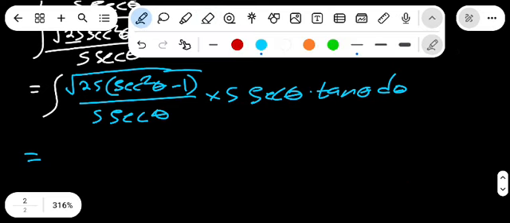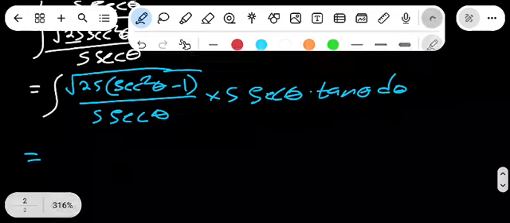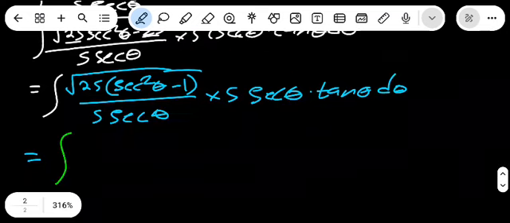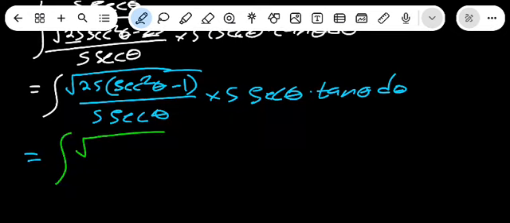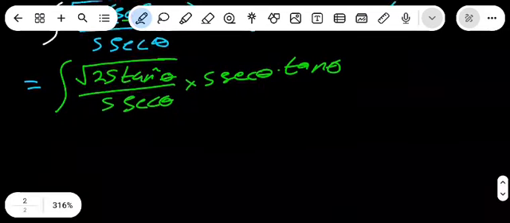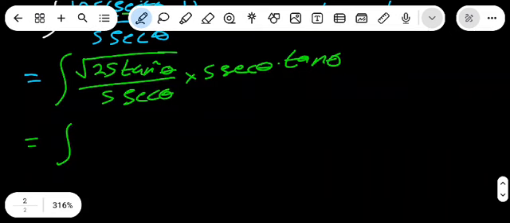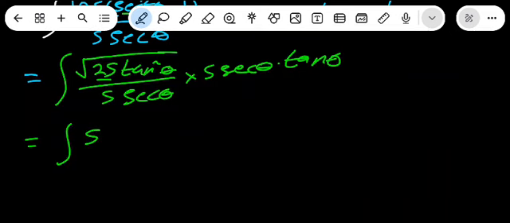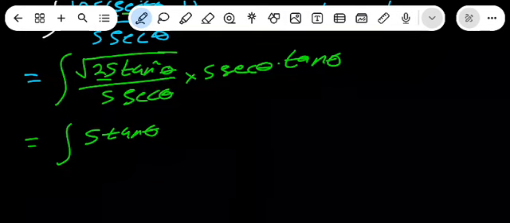So there we'll have the integral of root 25 times tan squared theta, all over 5 sec theta, multiplied by 5 secant theta multiplied by tan theta. The root of 25 will be 5 tan theta. This and this will cancel.